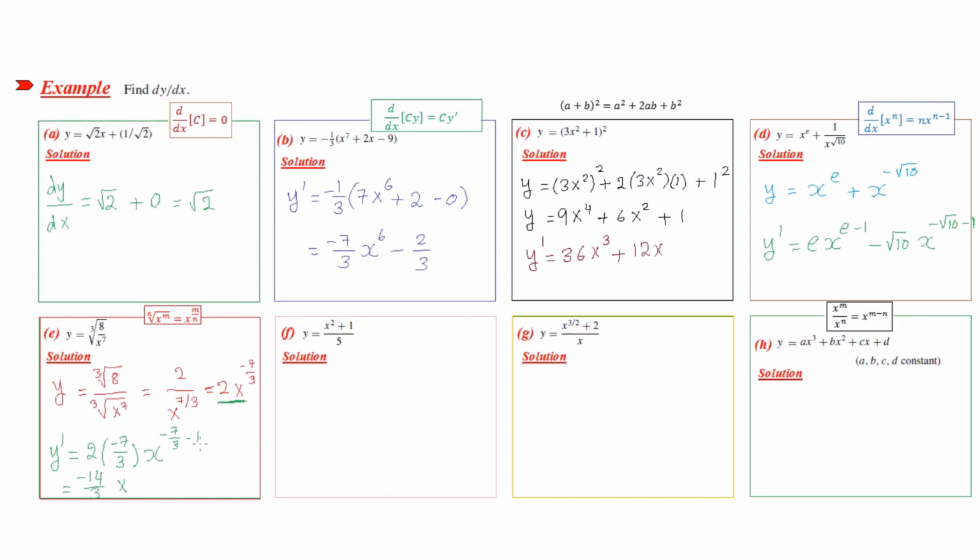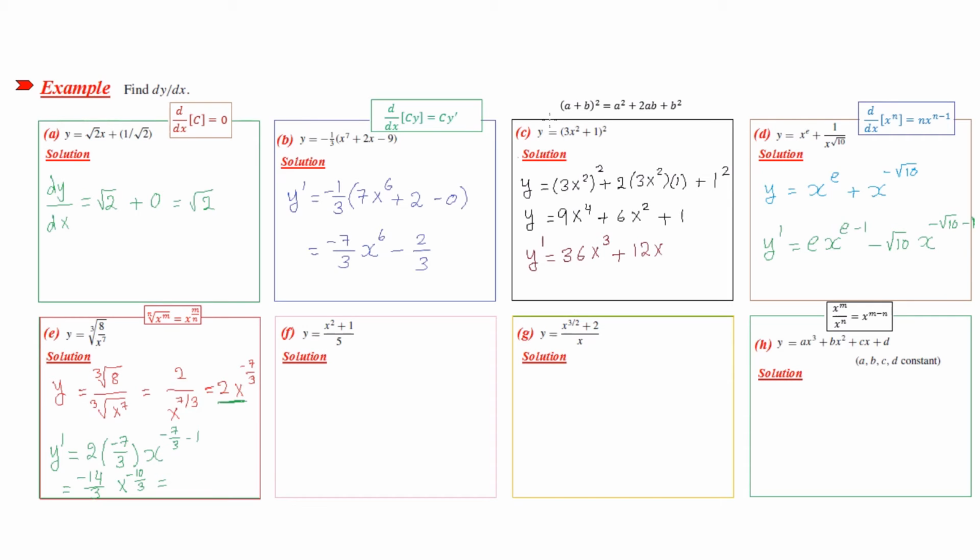3 minus 1. Minus 1, you can rewrite it as 3 over 3. So minus 7 minus 3 equals negative 10 over 3. And we can simplify more by putting x to the power negative 10 over 3 down, and you will get a positive exponent, and you can use this one to rewrite it in radical form.